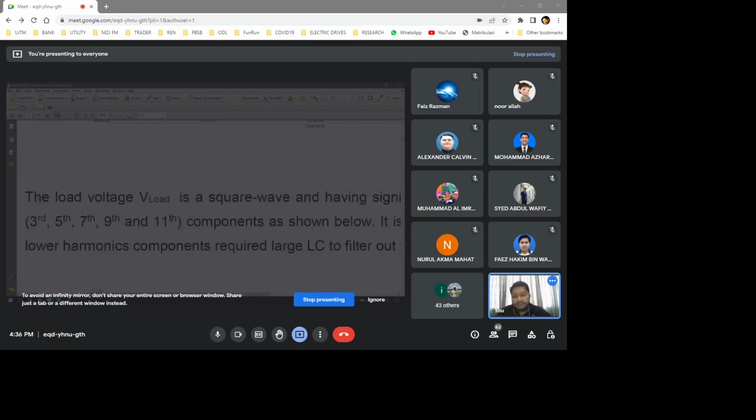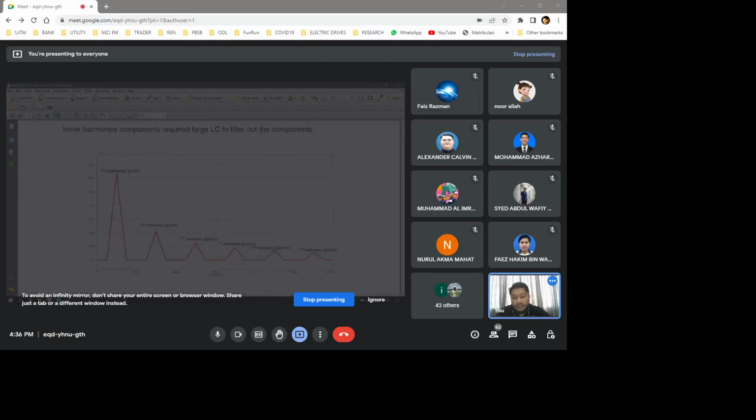The fundamental, third harmonic, fifth harmonic, seventh harmonic, and the rest. So this is actually the harmonic spectrum of a square waveform, isn't it?